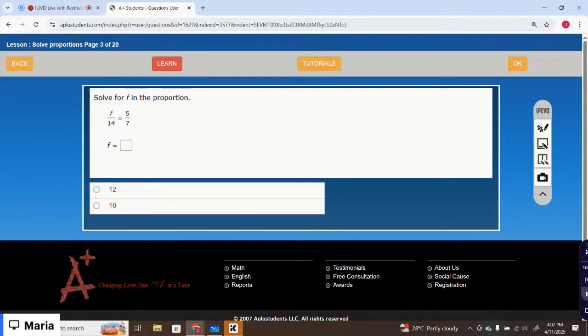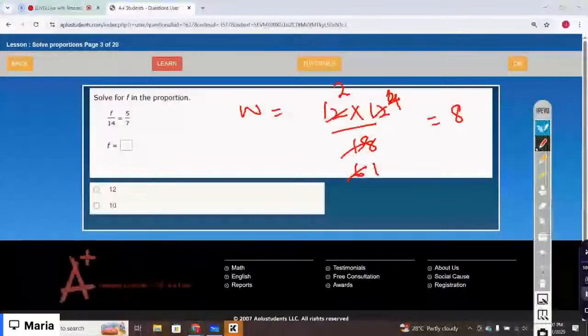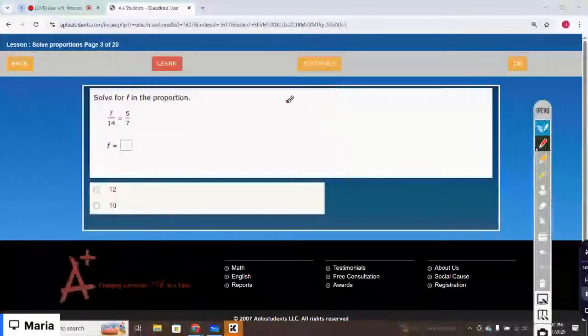F divided by 14 equals 5 times 7. Let's just calculate the F. That is 5 times 40 over 7.